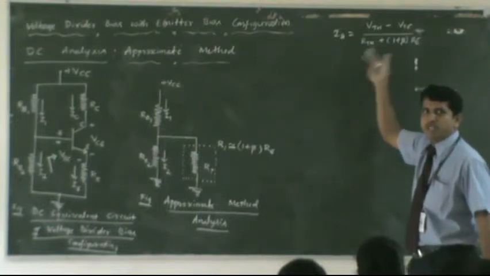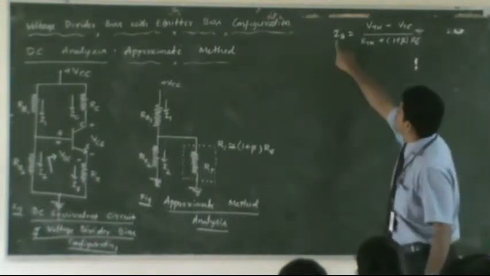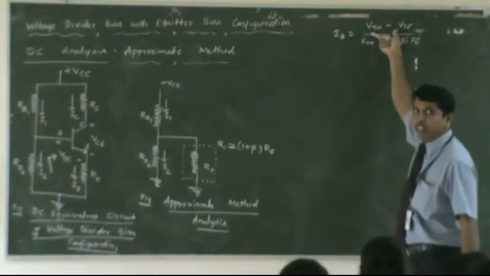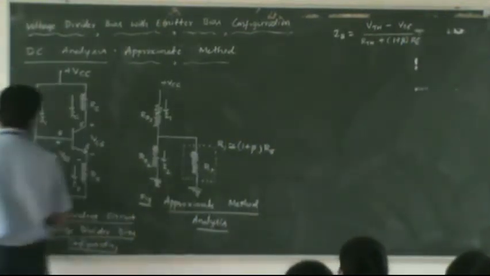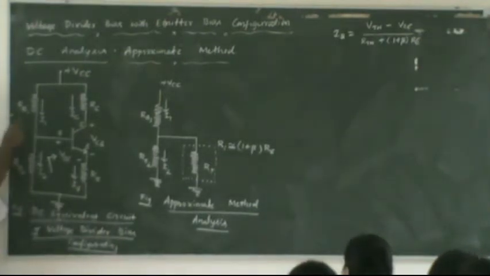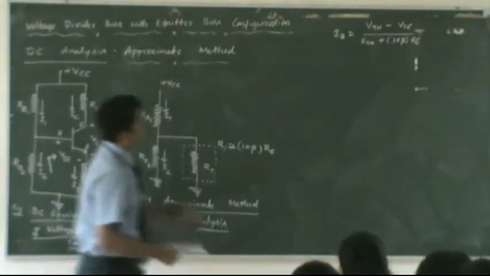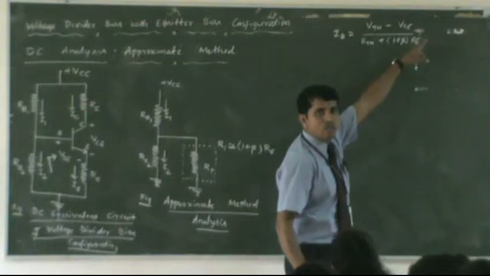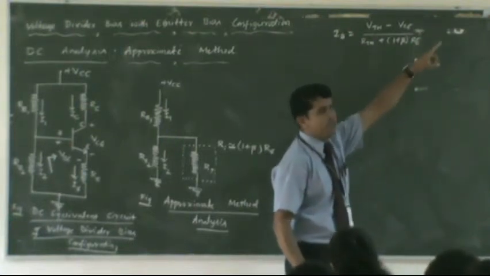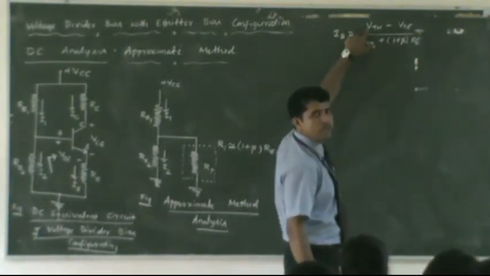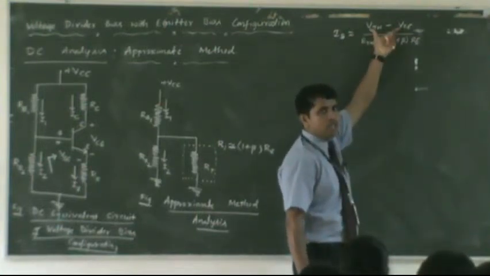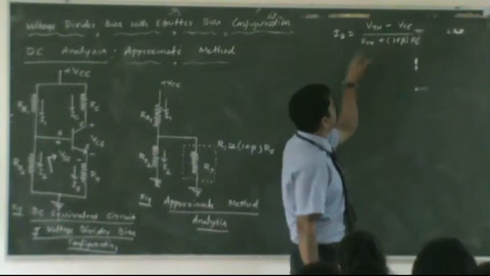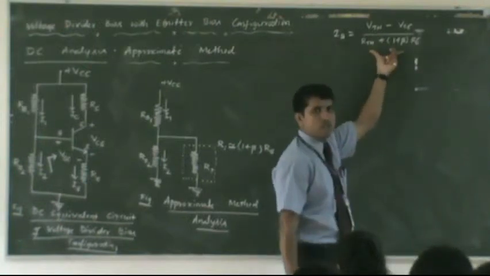According to Ohm's law, I is equal to V by R. So this is the input current and this is the effective input voltage, because you subtract the voltage drop: V Thevenin minus VBE. You must negate the drop across the base-emitter junction from the source voltage. This will be the effective voltage across your input section. And this is the input current, so obviously this must be the input resistance.